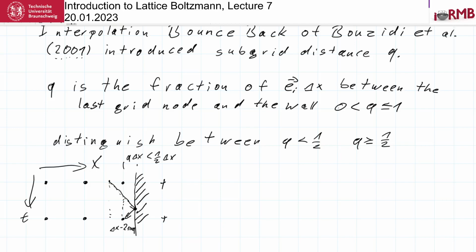And what we are now doing is we're interpolating between these two nodes here in the last time step to this place. Because this here is delta x minus 2 delta x q, this here must be the length 2q delta x. And now we do linear interpolation.